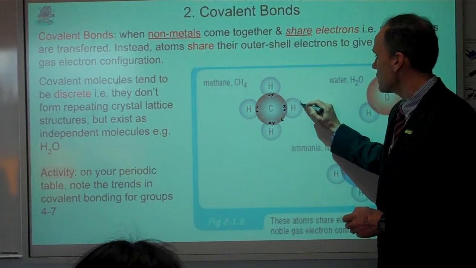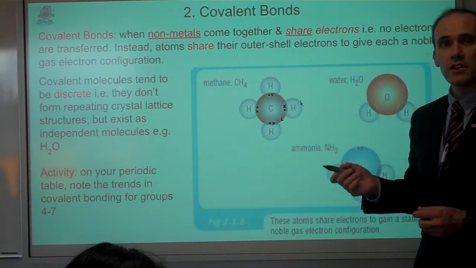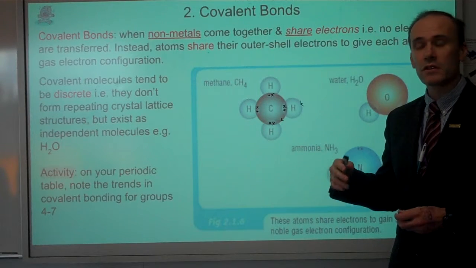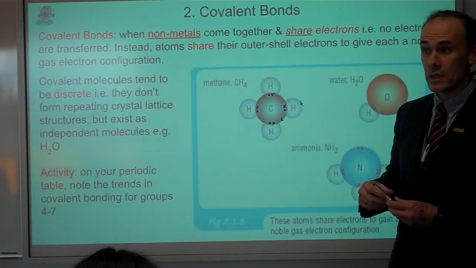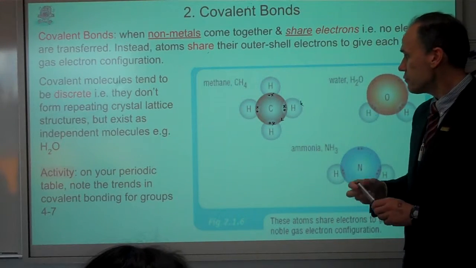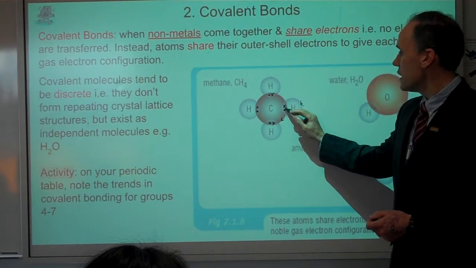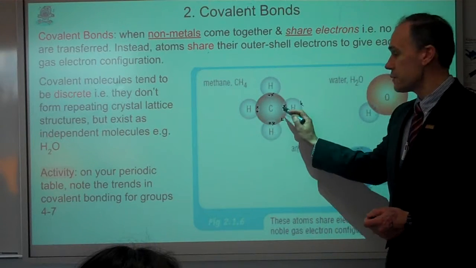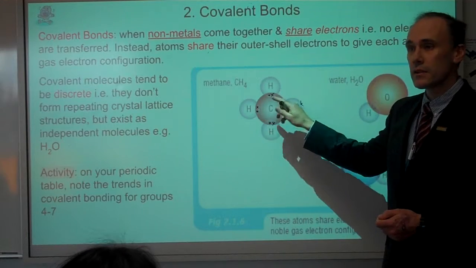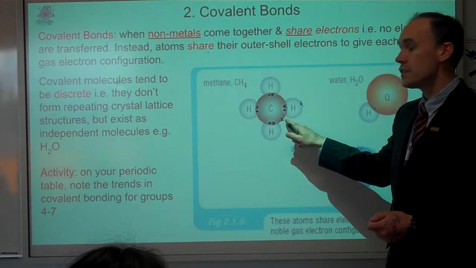By sharing electrons, carbon, which is in group 4, wants to have 8 valence electrons, so it needs to share 4 electrons. These carbon electrons sometimes go around to hydrogen, sometimes go around the carbon. So every so often, carbon has 8 electrons in its L shell.